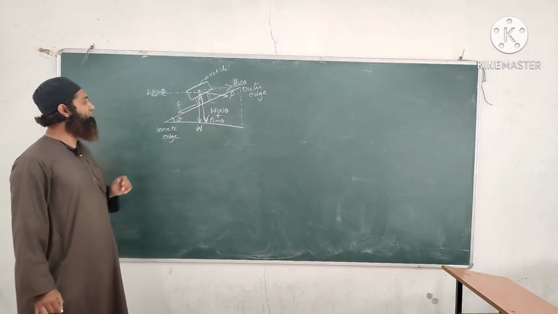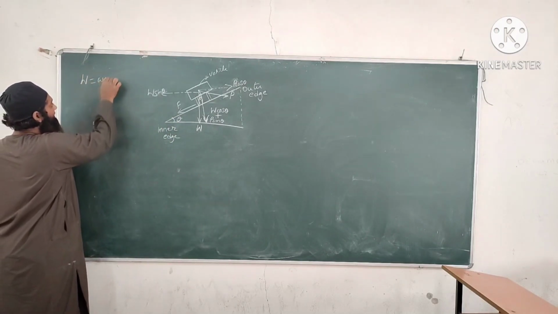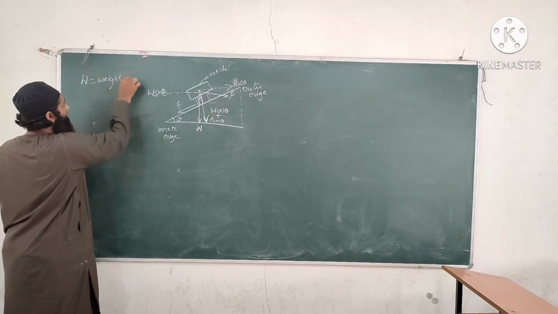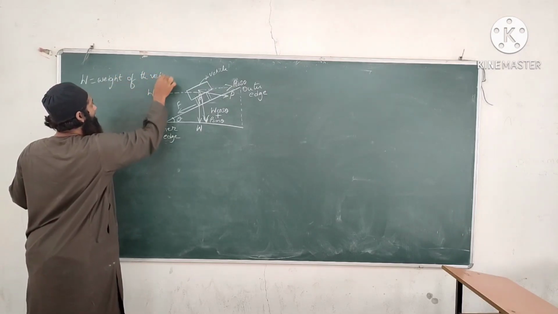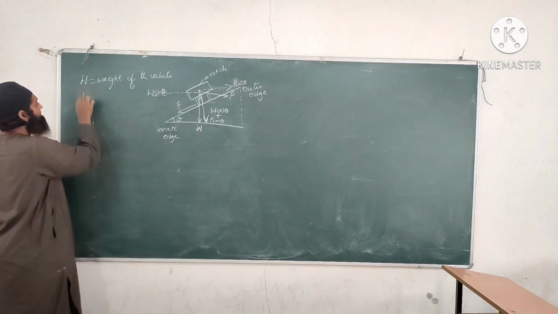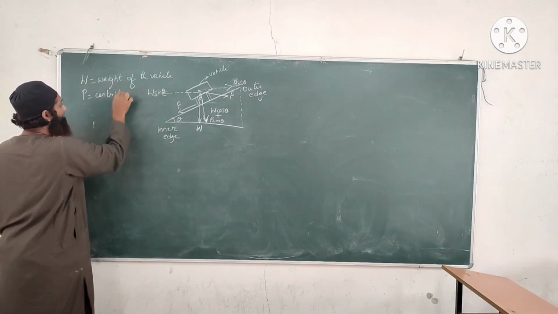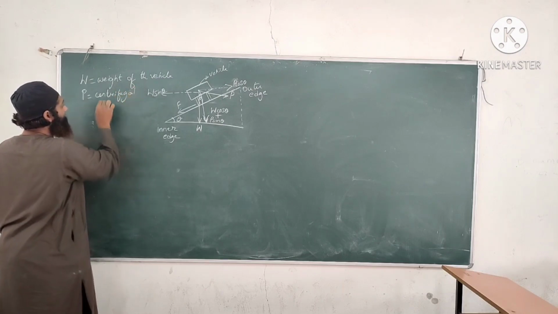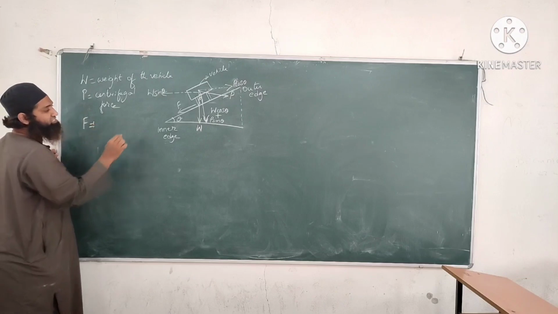Now let us write here what each is. W is the weight of the vehicle, P is the centrifugal force, and F is the frictional force.